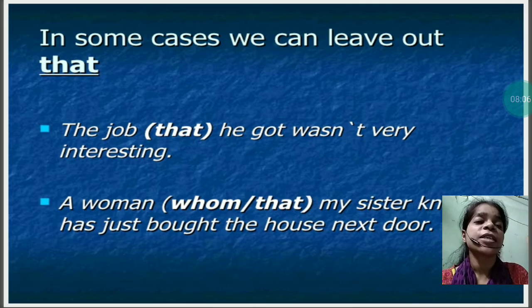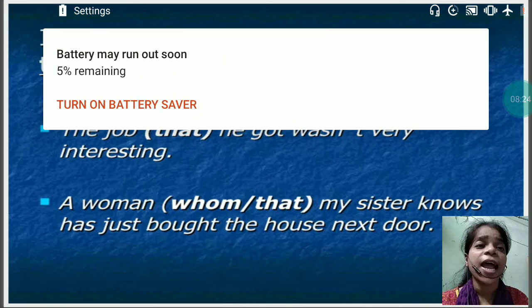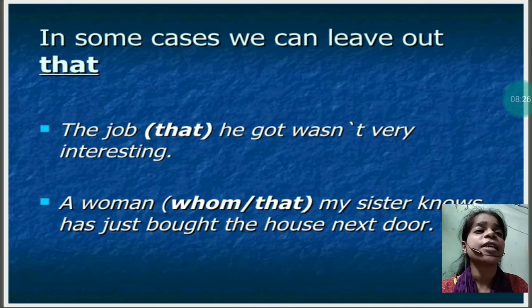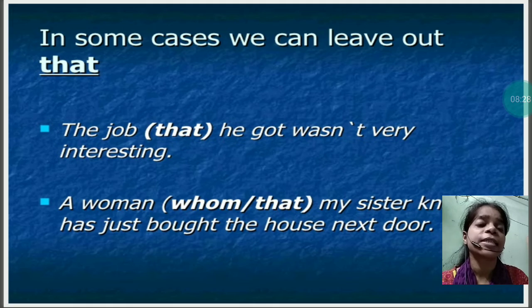So, this much was. Now we will move to the next thing, and that is the omission of that. In some sentences, the omission of that can be done. It means there are some sentences in which if you do not write the word that, the sentence is still correct.